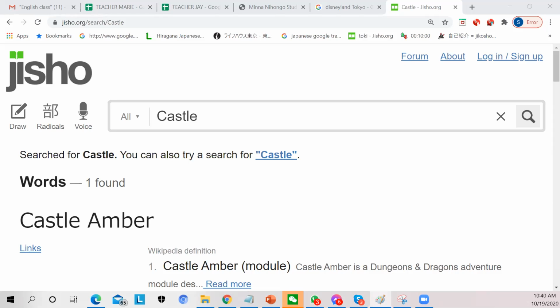Disneyland, or Disney. What are we going to add? Shiro, Disney no shiro desu. Disney no shiro desu. Wakarimasu ka? Hai, wakarimasu. Okay, let's have a recap.